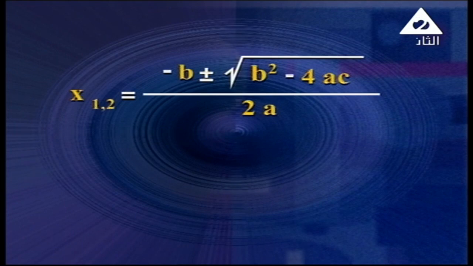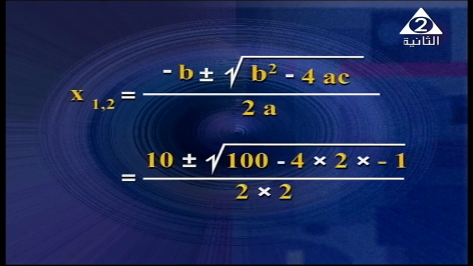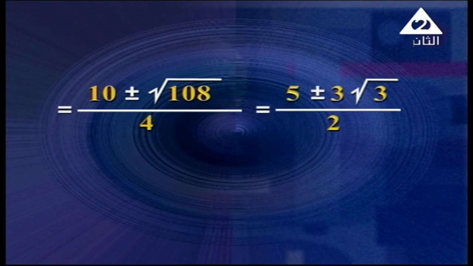By substituting, the value of b is negative 10, so negative b gives positive 10. So it is 10 positive or negative root of 100 minus 4 times 2 times negative 1 over 2a, which is 2 times 2, to obtain a result as 10 positive or negative root 108 over 4, to obtain a final result as 5 positive or negative 3 root 3 over 2.